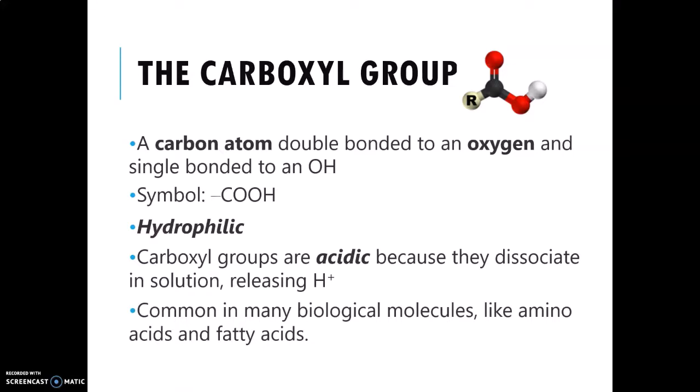Your examples here, it's really common in a lot of biological molecules, but especially the two most important ones to recognize would be amino acids. The acid part of the amino acid comes from the fact that carboxyl is acidic. Also, fatty acids have a carboxyl group. And again, fatty acid, the acid part comes from the fact that the carboxyl group is acidic.